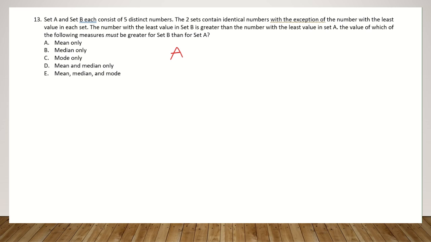So, let's create set A and set B. And we know that they each have 5 terms. We know that the 5 terms are distinct. That means there's going to be no repeats. Okay? And we know that they contain identical numbers except for the smallest number in each set.